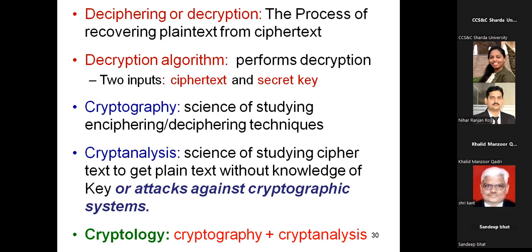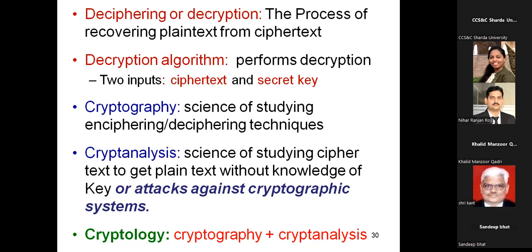The science or process of studying enciphering and deciphering techniques is called cryptography, right? And the science of studying ciphertext to get the plain text without knowledge of the key, or attacking a cryptographic system, is called cryptanalysis, right?